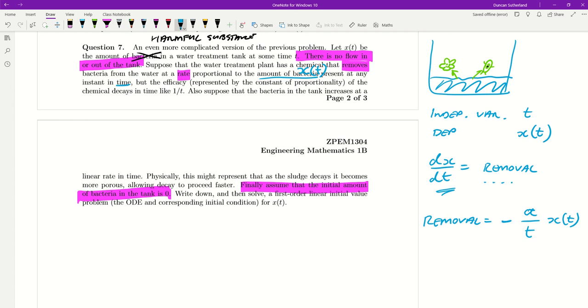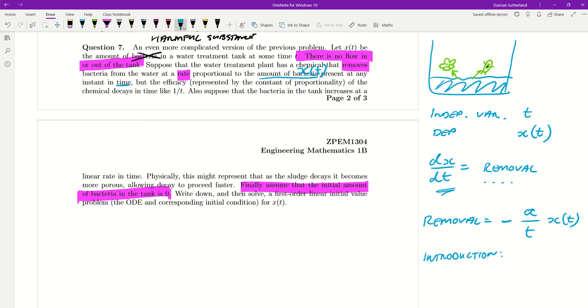The next sentence: also suppose that the bacteria in the tank increases at a linear rate in time. Now, that means that we've got an introduction term, a source term, if you like, of bacteria. And it's linear in time.